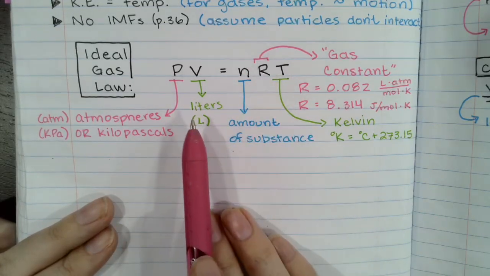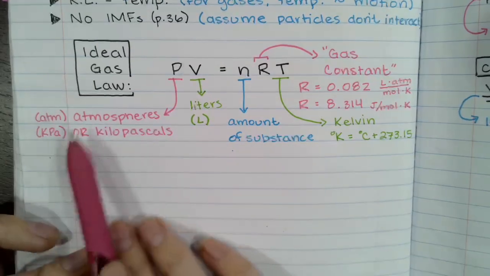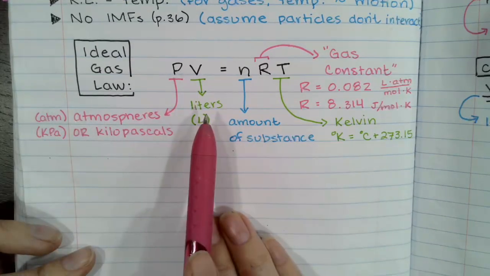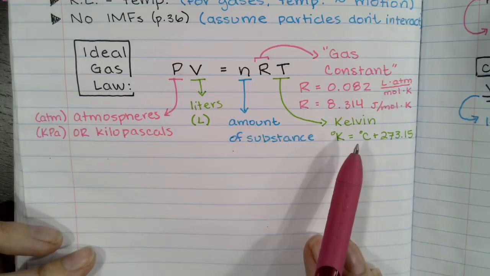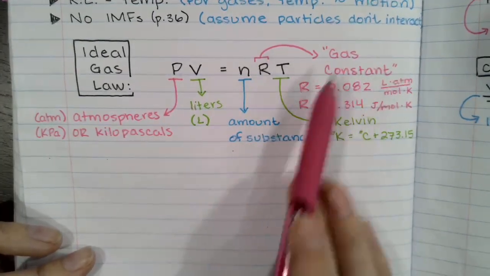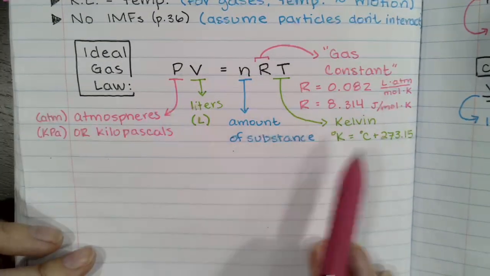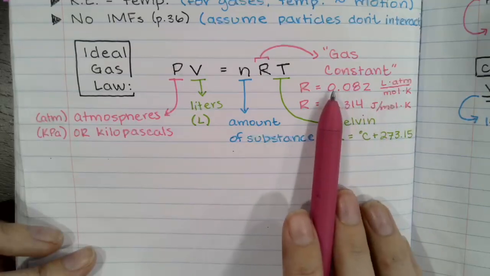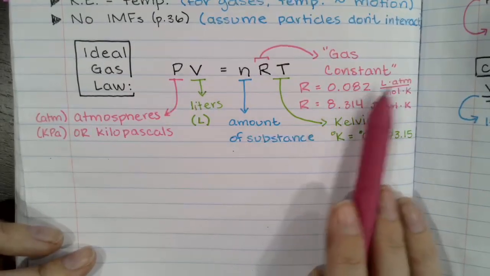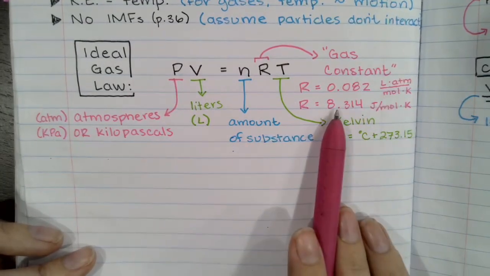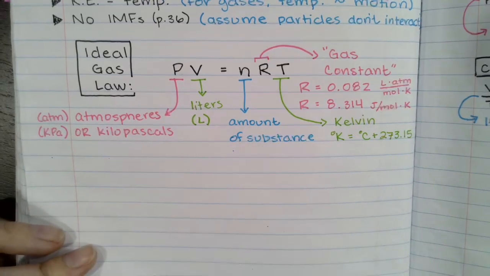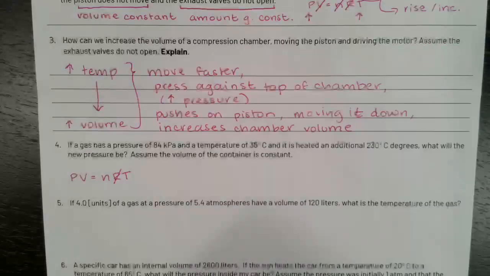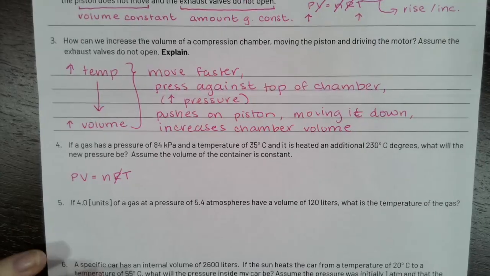Mankind made up all these measurements, so to make the math work, we have to insert a number that accounts for the differences between all these. 0.082 is the R value if we're using atmospheres. 8.314 is the R value if we're using kilopascals. Great question. So that's why R never changes.